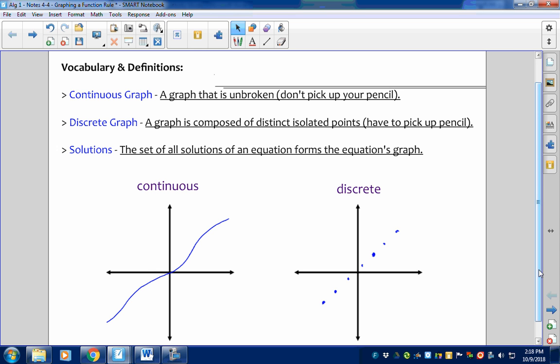Unbroken. Of points. Not connected. All right.